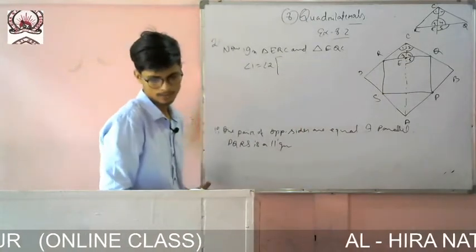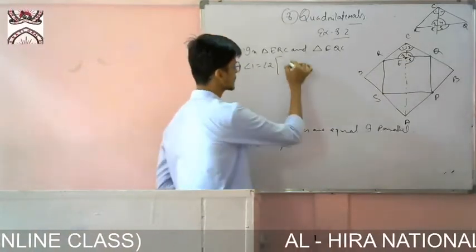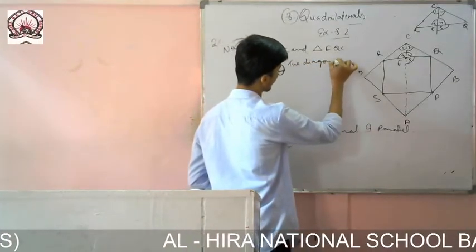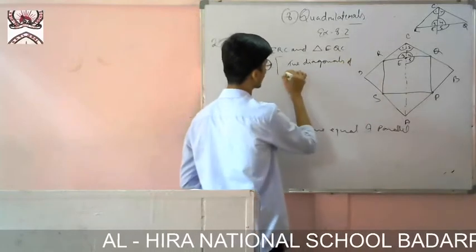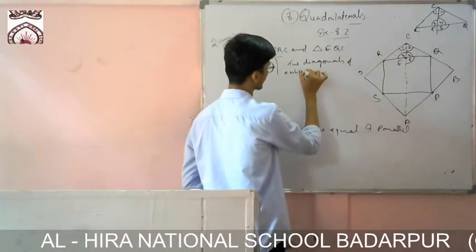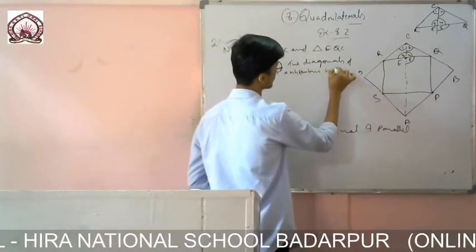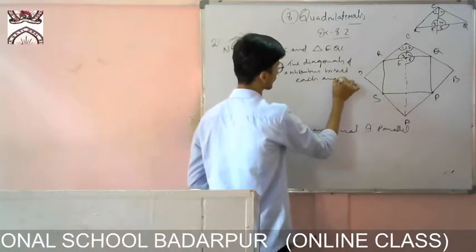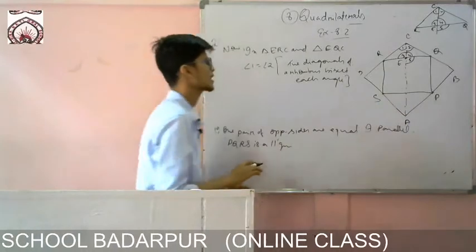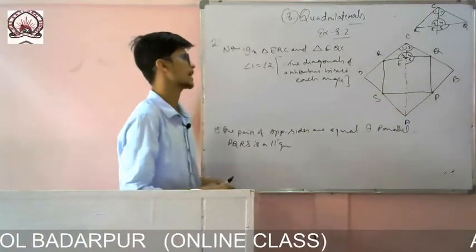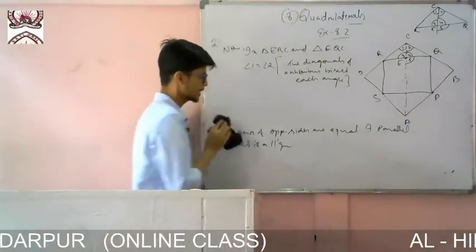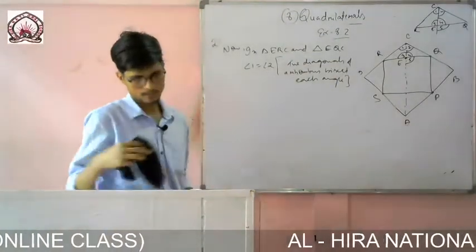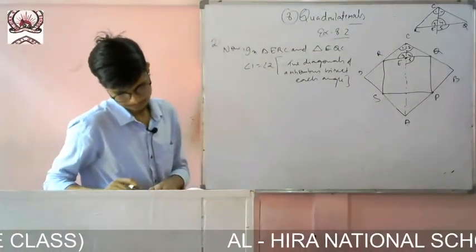Since the diagonals of a rhombus bisect each angle, angle 1 equals angle 2. Okay. So now angle 1 equals angle 2, given.